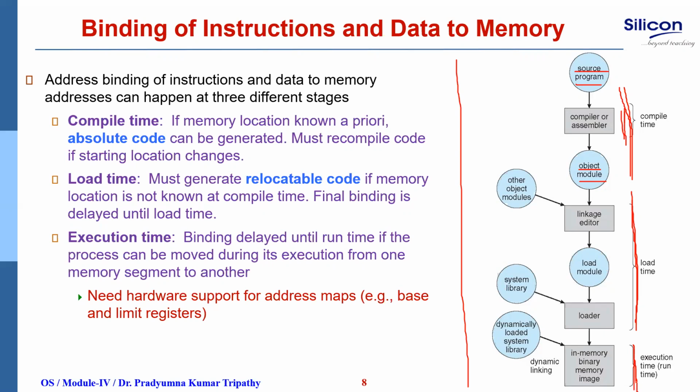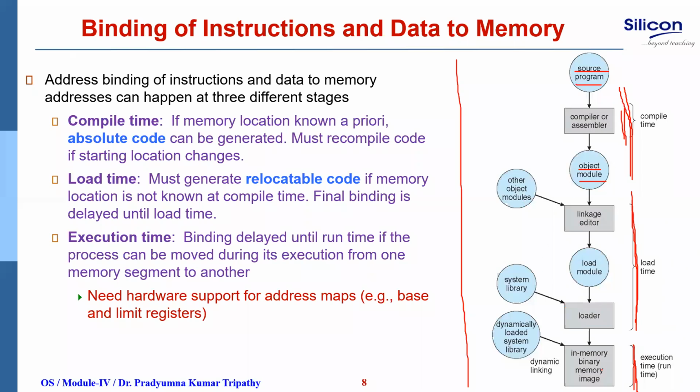So three different times are associated with executing a program. First, when the program is compiled and assembled, this is called compile time. When the linker and loader are used for linking to other modules and loading the system libraries and dynamic libraries, that is load time.